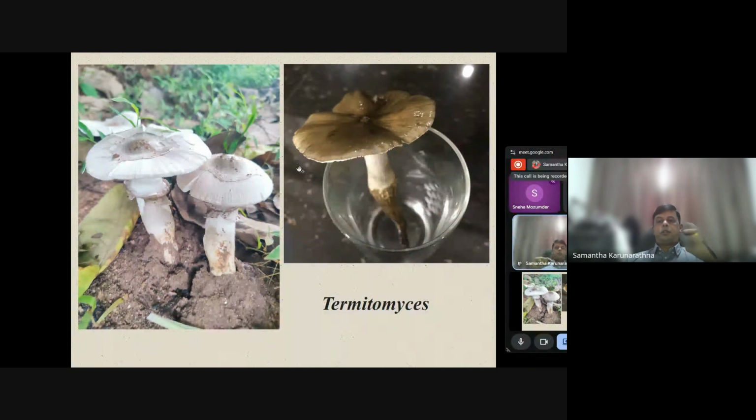This is because Termitomyces grow inside the termite nest. So when they want to come up, they need a sharp point at the tip. So you can always see this notch on the top of the mushroom. By using this characteristic, you can easily identify Termitomyces.